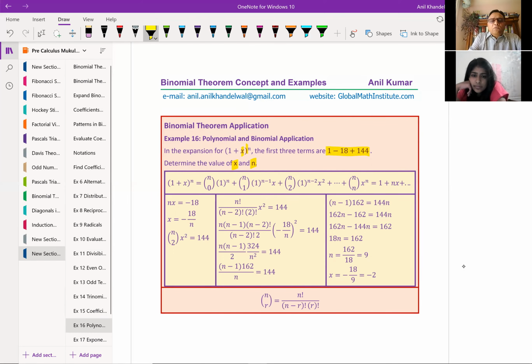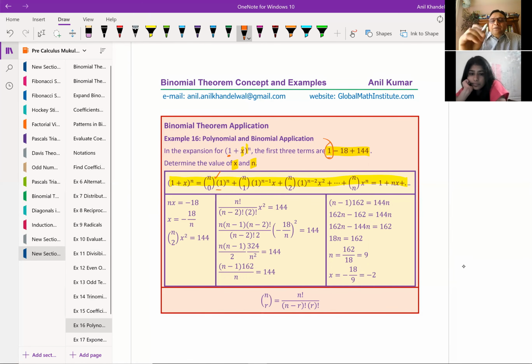Now, without thinking much, first we can straight away expand, and that is what we know. We need to figure out how we correlate. The first term in this particular expansion, (1 plus x) to the power of n, will be 1. So that doesn't give us much information. The 1 and 1 is fine.